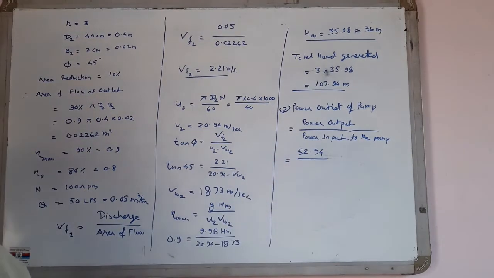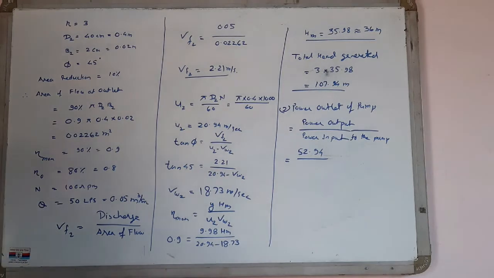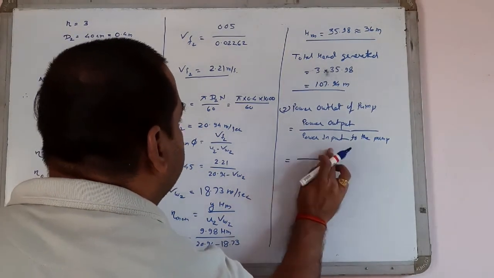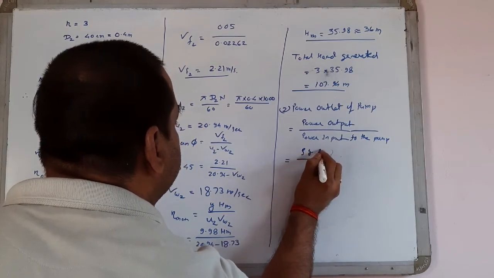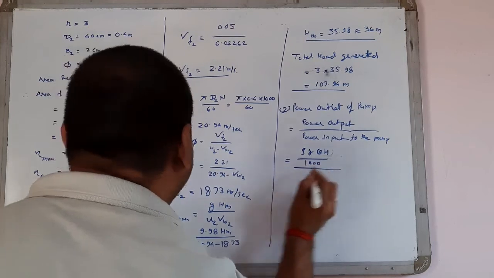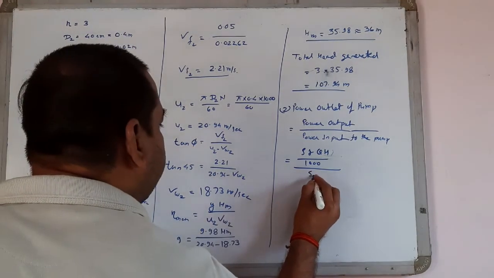rho g Q H by 1000, that divided by shaft power.